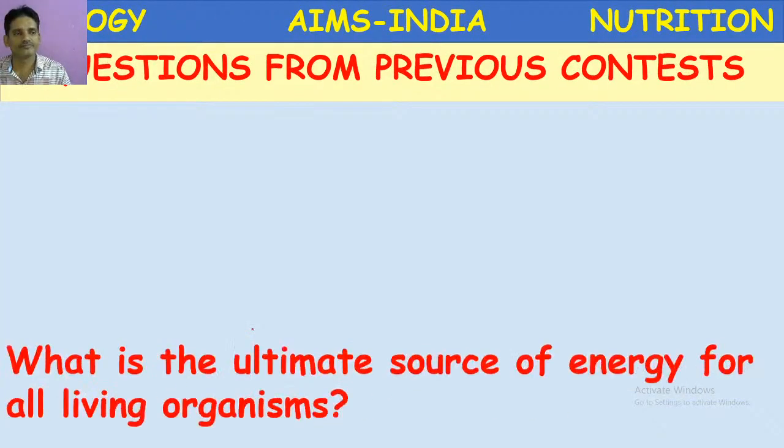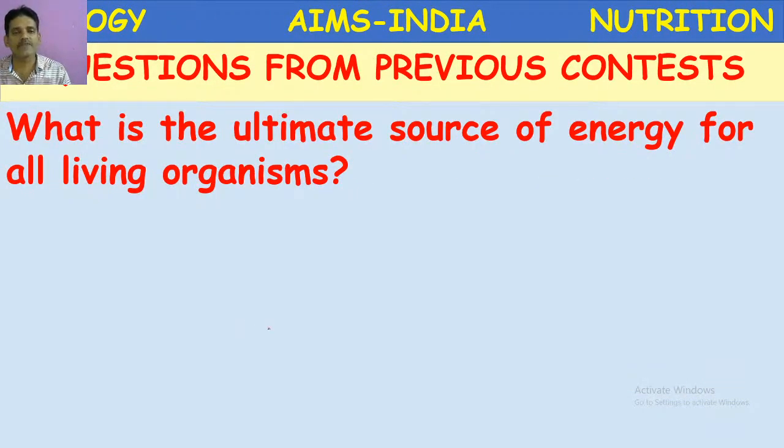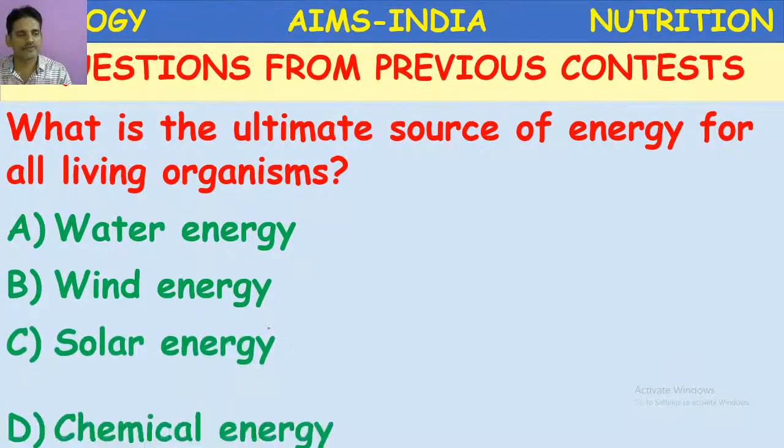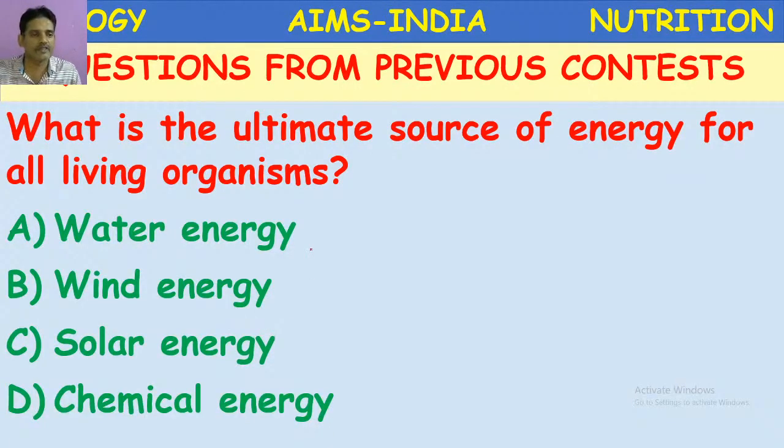Next question. What is the ultimate source of energy for all living organisms in this ecosystem? All these are forms of energy only: water energy, wind energy, solar energy, chemical energy. As we are discussing nutrition and photosynthesis, we have to think in that sense.